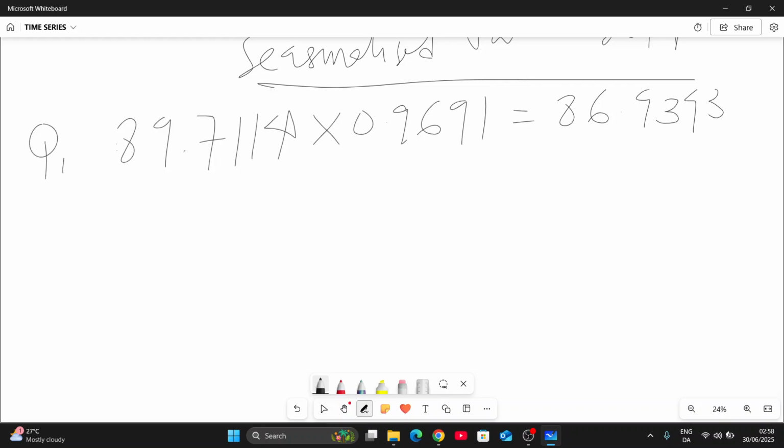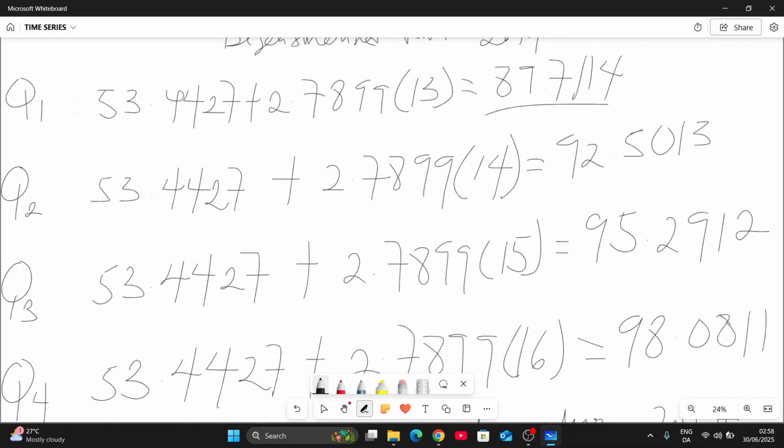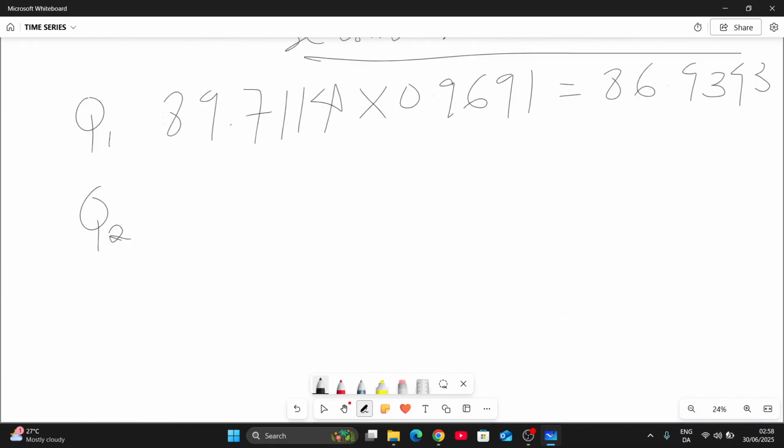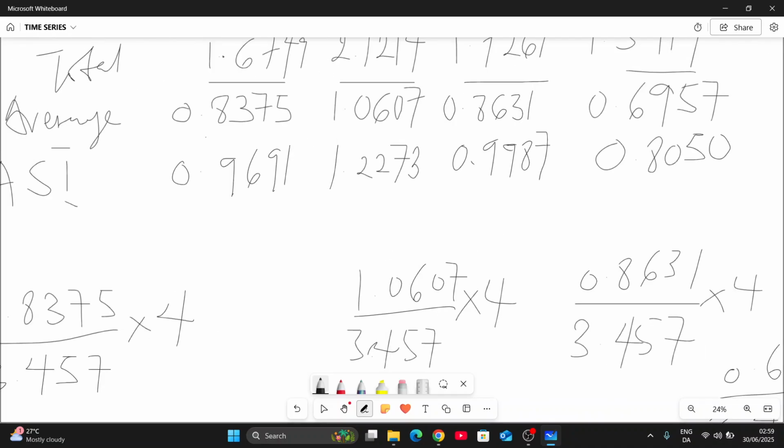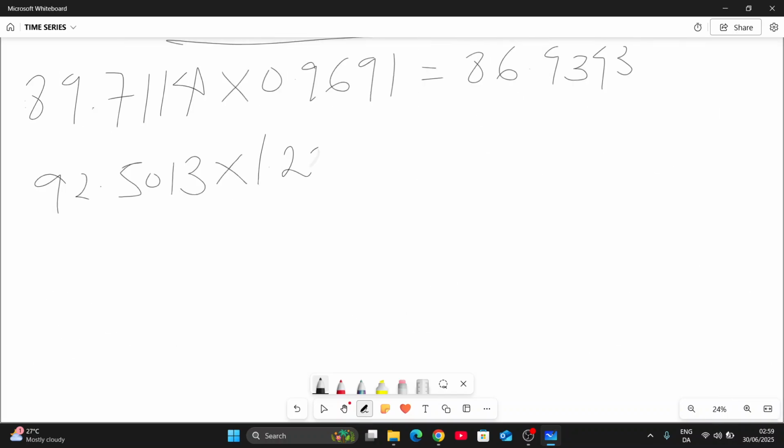89.7114 times 0.9691 gives us a value of 86.9393. Now let's move on to quarter two. The deseasonalized value for quarter two, 92.5013, times the ASI for quarter two, 1.2273, gives 113.5268.